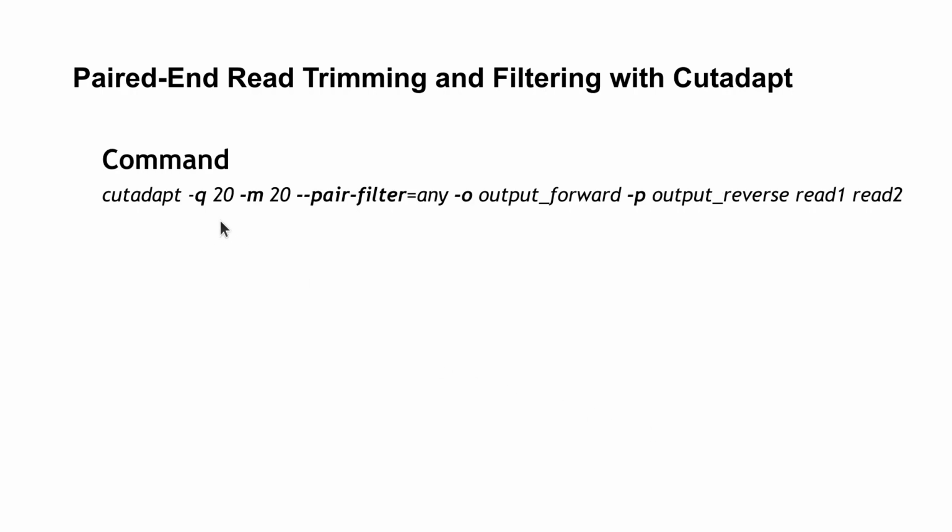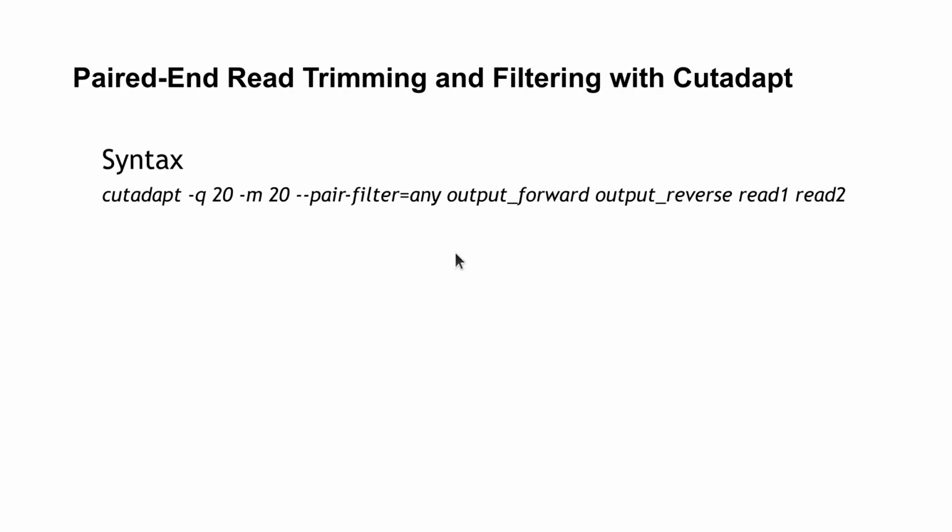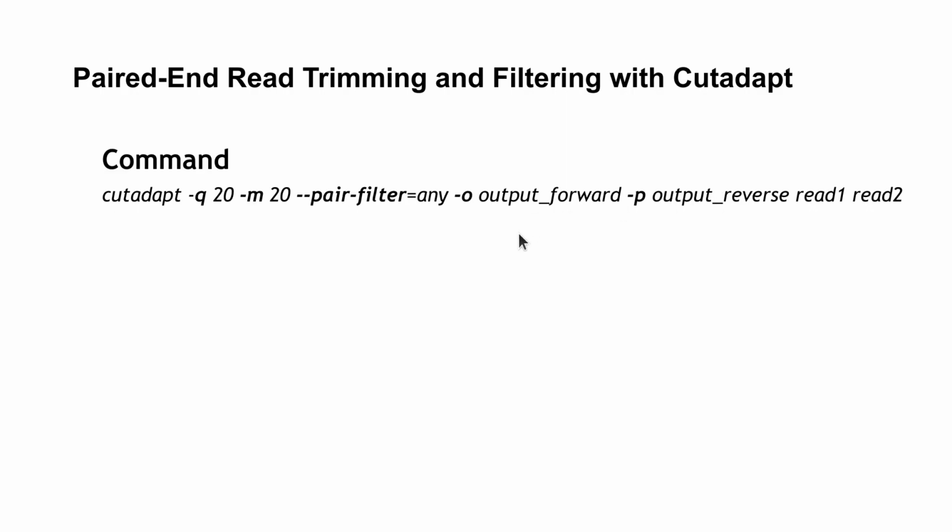I've also bolded some letters here. So these ones are going to be specified. In the syntax, this is the overview, so everything here except this side has changed. If you're going to specify the output forward and output reverse, then you need to add -o and then -p.